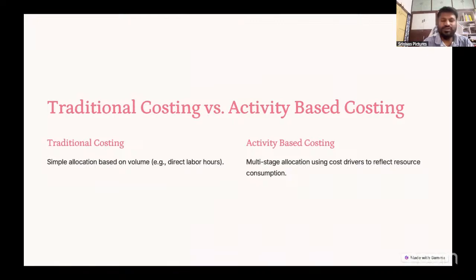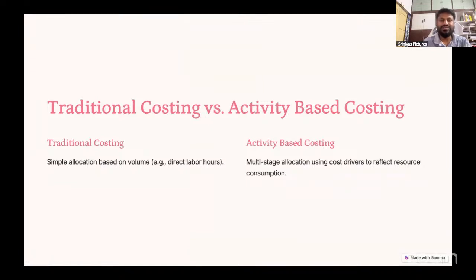So what do indirect cost pools mean? Whatever costs we cannot trace, all those are indirect costs. Next one, activity based costing versus traditional costing. First I will discuss the traditional costing.